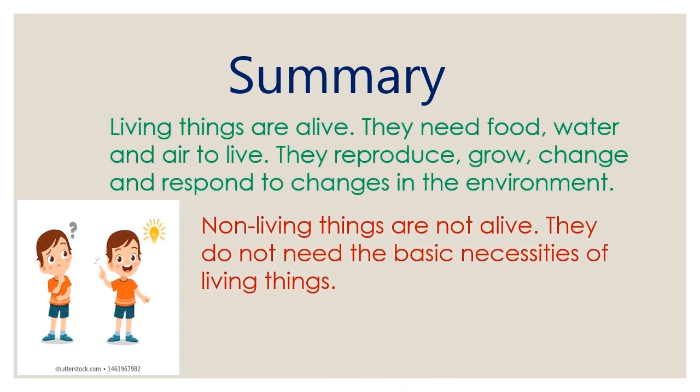However, non-living things are not alive. They do not need the basic necessities of living things. So this is our summary for this lesson about living things and non-living things.